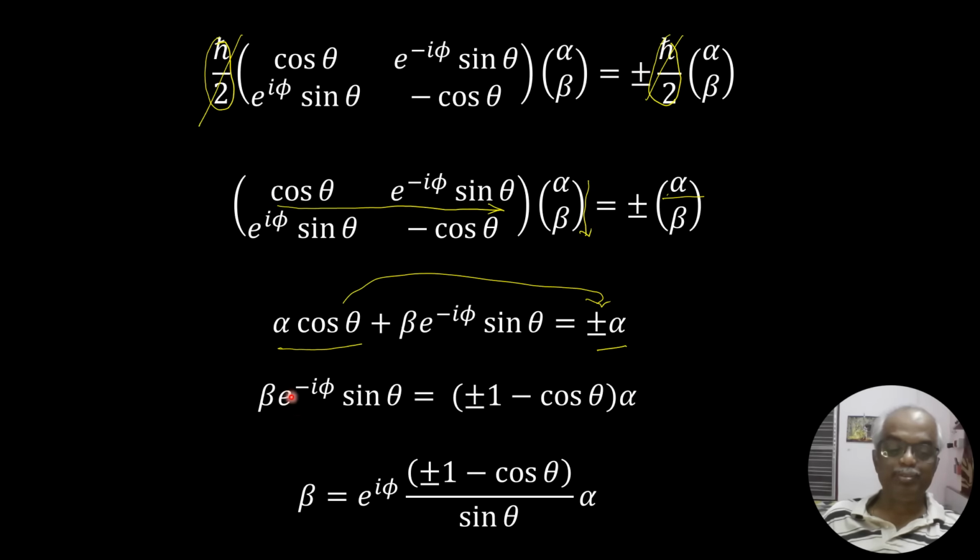Now what is beta? If you bring the exponential term to the other side, the minus will become plus, and beta equals plus or minus 1 minus cos θ, divided by sin θ, times alpha. Then we will see what will happen next.